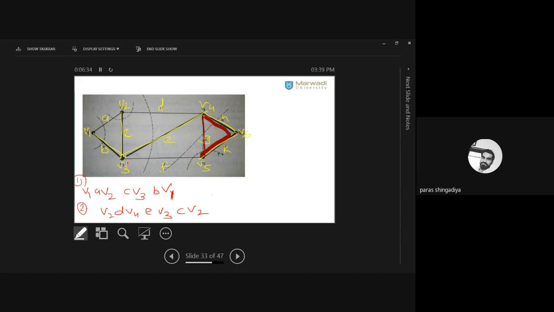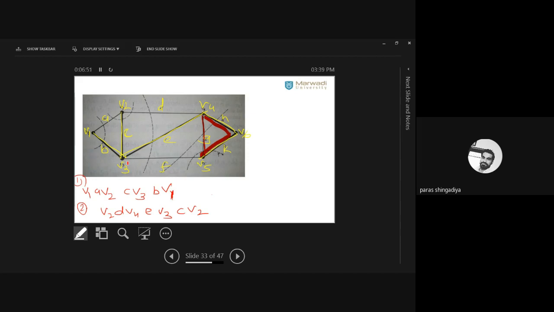Clear? How many edges does it include? 3 edges. Which are the branches and which are the chords? G is the only chord, and H and K are the branches. Clear? And all these answers depend on the spanning tree.